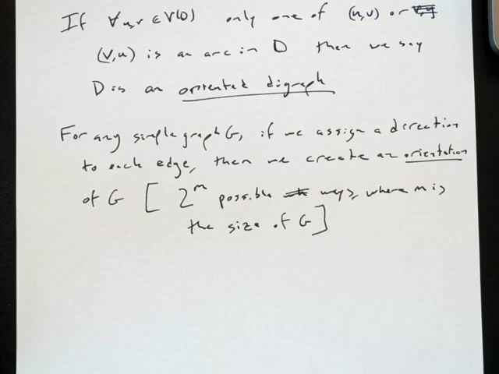Some orientations are nicer than others. If a graph contains any pair of vertices where there are both edges available, I've lost my orientation. That's now just a regular digraph, not an oriented digraph.